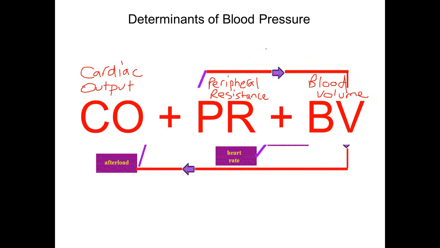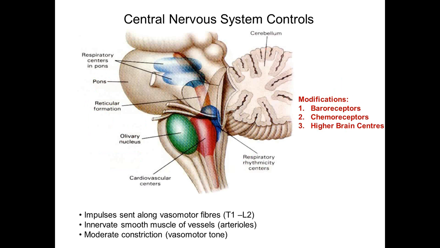And that's the way in which the body can control how much blood is traveling at what pressure around the body, by those 3 things. So how does it control the blood pressure? First of all, there's a strong central nervous system control of blood pressure.